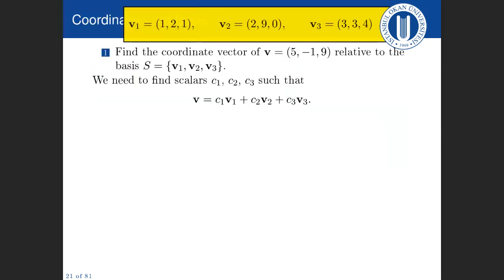Okay, let's answer question 1 first. We want to find the coordinate vector of 5, -1, 9. So in other words, we want to find the numbers C1, C2, and C3 such that v is C1 v1 plus C2 v2 plus C3 v3.